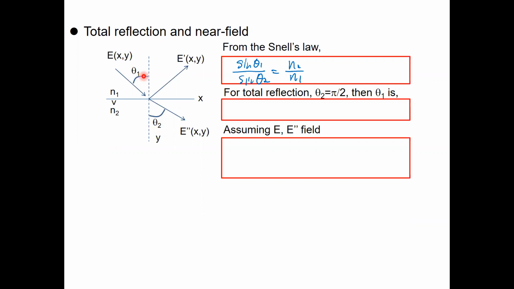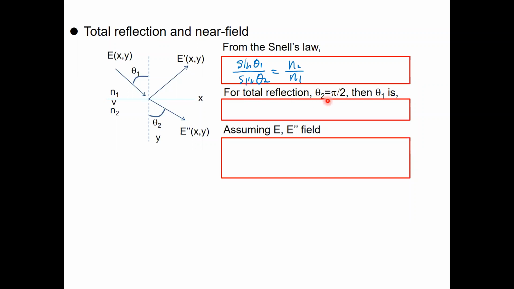But if you keep increasing this angle, at some moment theta 2 approaches pi over 2, and then there's no other way to go. This condition is satisfied in the case of total reflection.